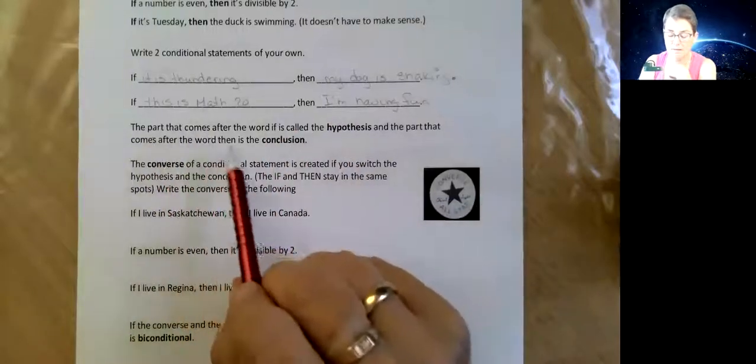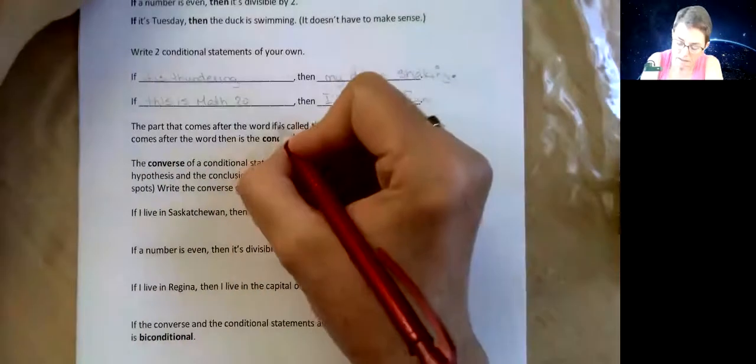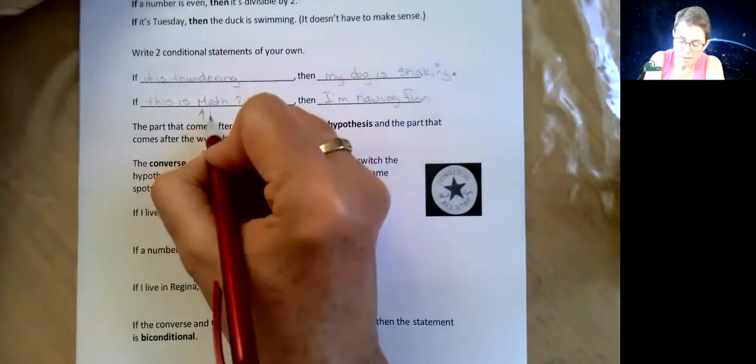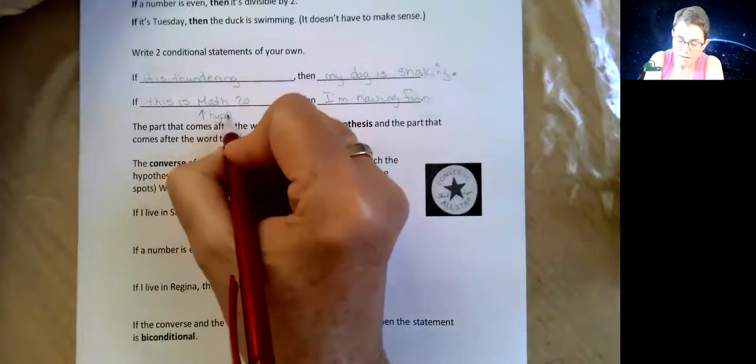Now, the part that comes after the word if is called the hypothesis. And the part that comes after the word then is the conclusion. So, this is my hypothesis, and this is my conclusion. It's a little bit like a science experiment, right?